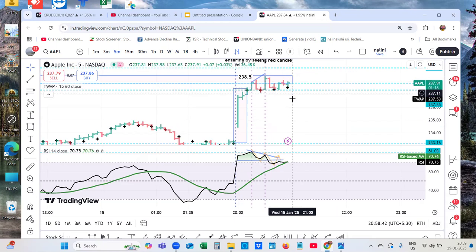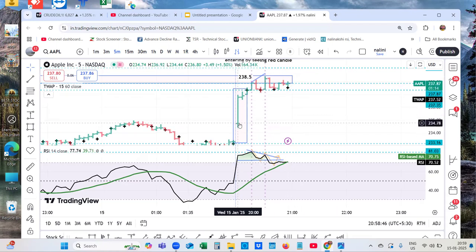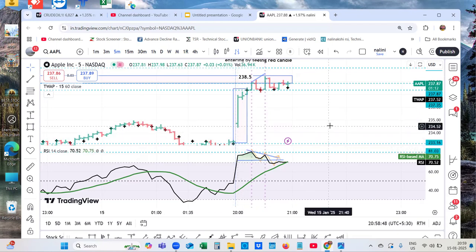Usually the market will come and try to test these gaps. These are the dynamic liquidity, which by observation of the TWAP gaps I had made a video, you can also observe. So price is not at all coming down. It is still struggling to come down. Let us see what it does.